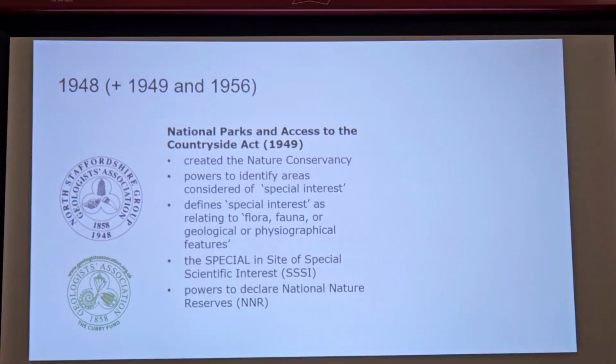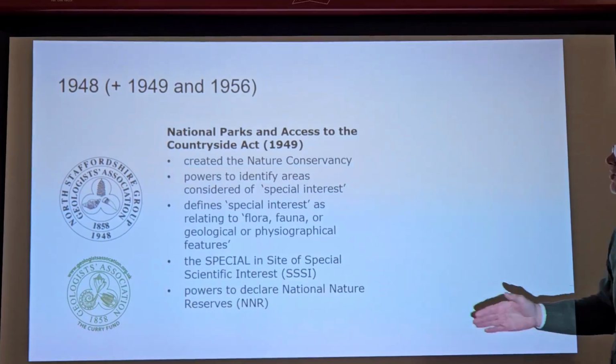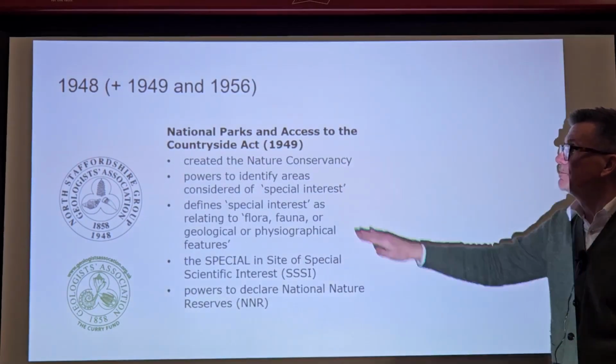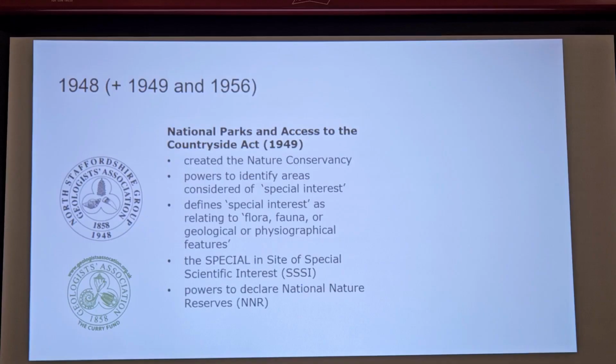So that set up national parks, that's one thing, but it did a number of other things which bring me here today, whichever way you want to look at it. So it created the Nature Conservancy. The Nature Conservancy, the NCC, Nature Conservancy Council, became split into countries and became English Nature, with Scottish Natural Heritage as was, Countryside Council for Wales as was, now NatureScot and Natural Resources Wales.